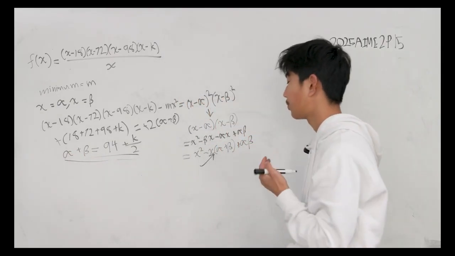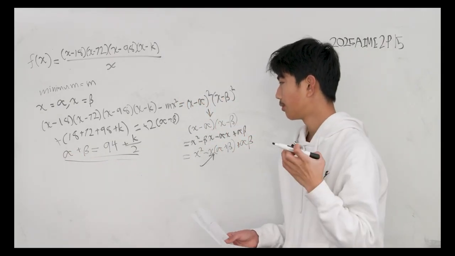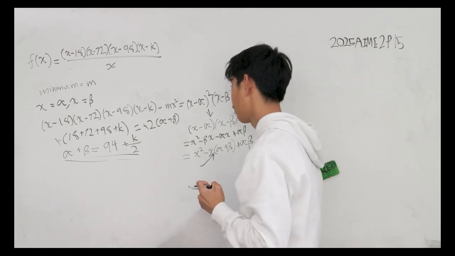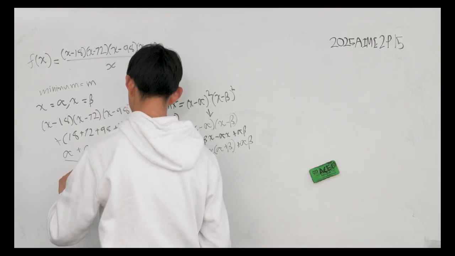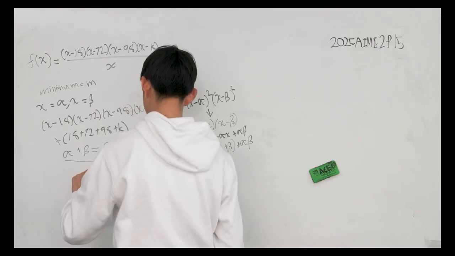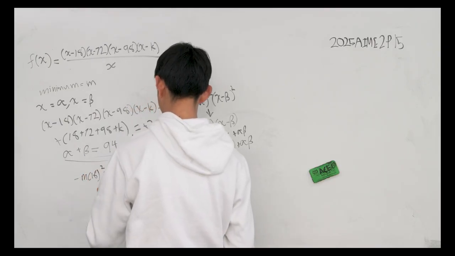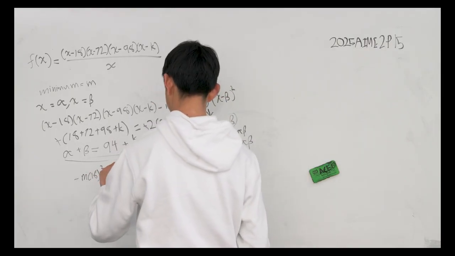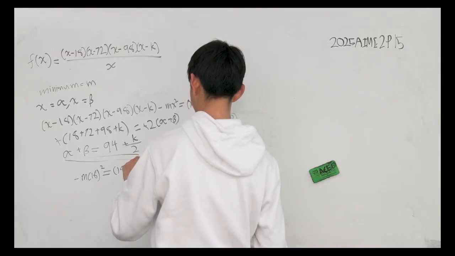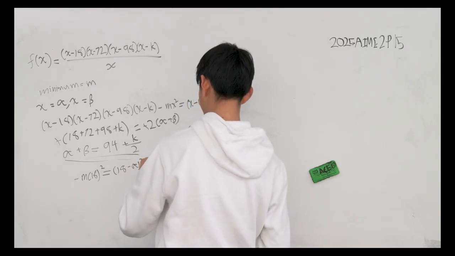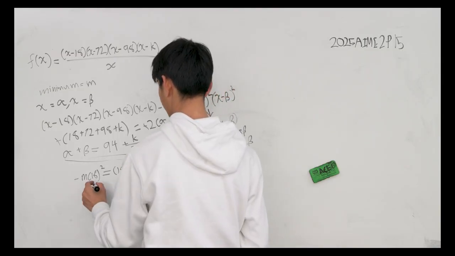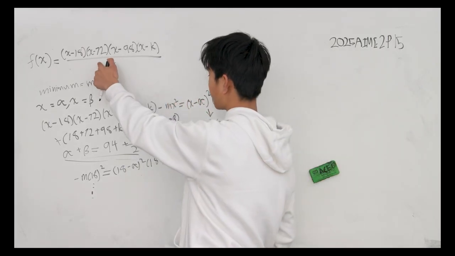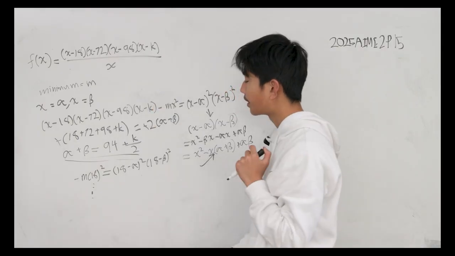Now this equation is going to be important for us later. But for now, what we can do is start plugging in the roots to the original equation. So we're going to have negative m times 18 squared equal to (18 - alpha) squared times (18 - beta) squared. And you can repeat this process for all the roots we have: 18, 72, and 98.